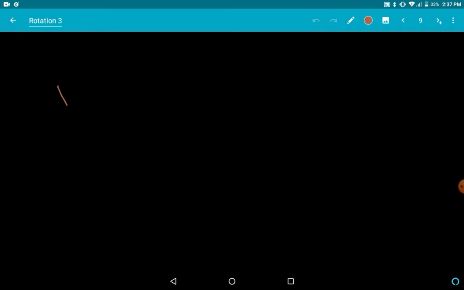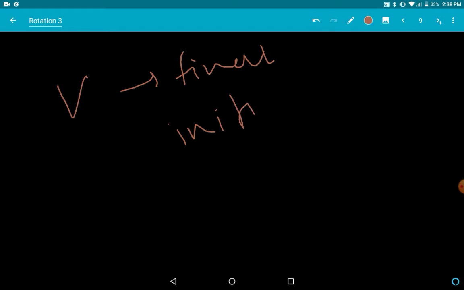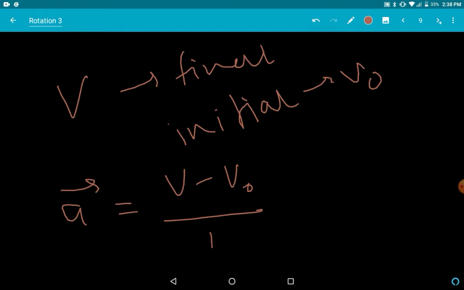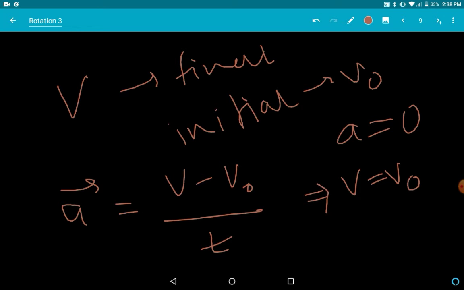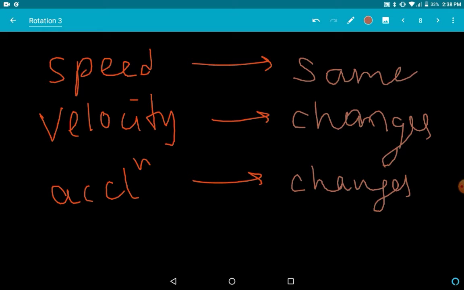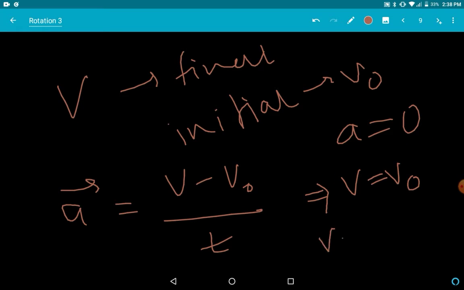Final velocity is v and initial is v0. So what is the acceleration? V minus v0 by t. For acceleration to be 0, v must equal v0. But if velocity changes, v is never equal to v0. So this case is not applicable. So acceleration can never be 0.